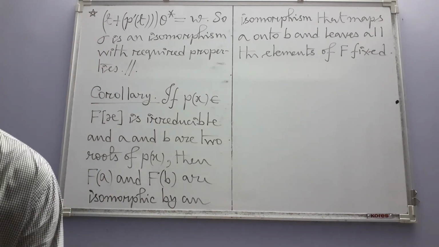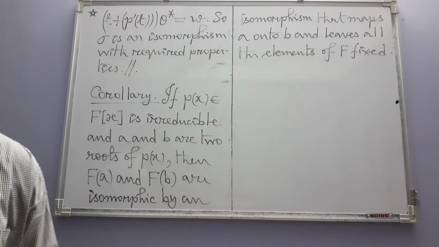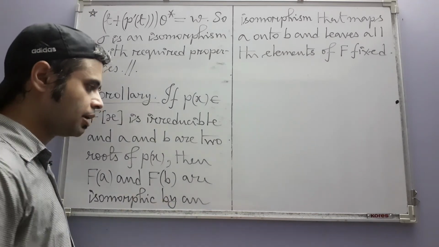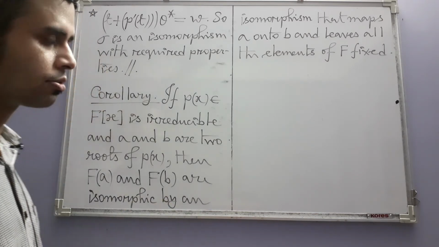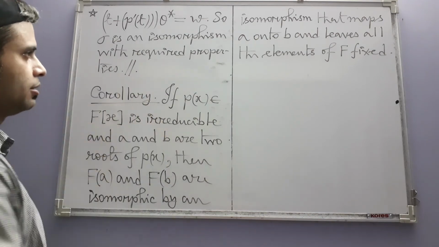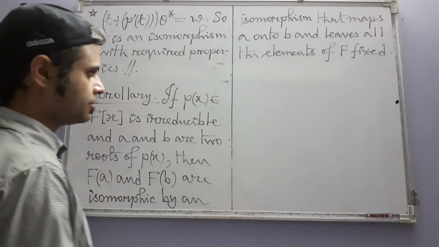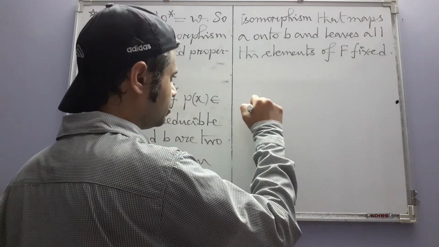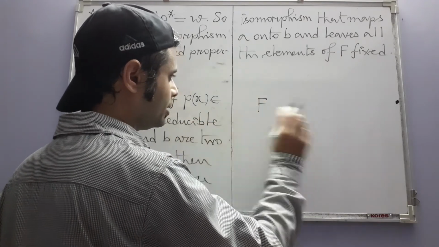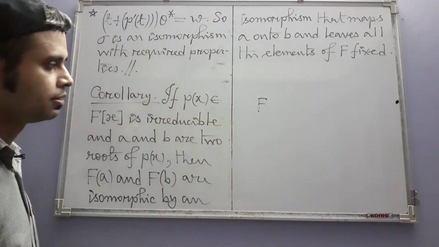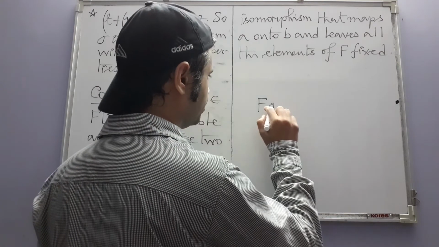It may not be immediately apparent how this result is a corollary to the previous one, or how one actually will go about proving this corollary from the previous theorem. It's just simply this. In the previous theorem we had two fields, right? Now we have only one field.